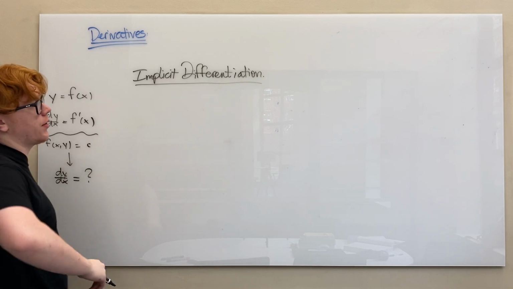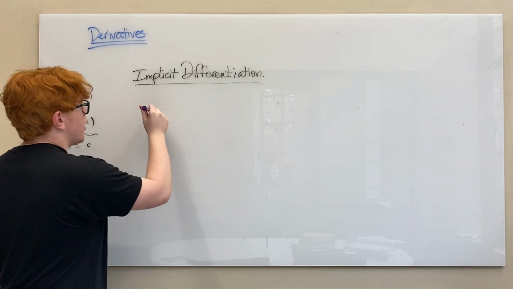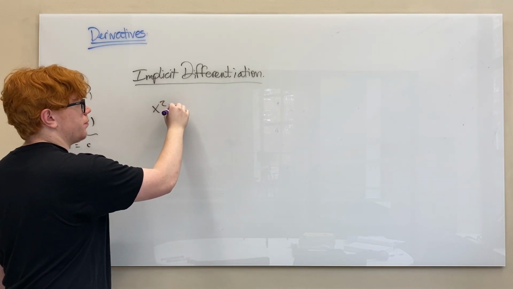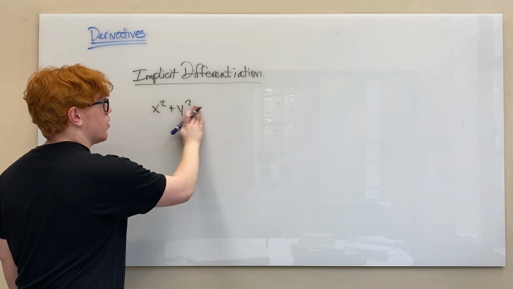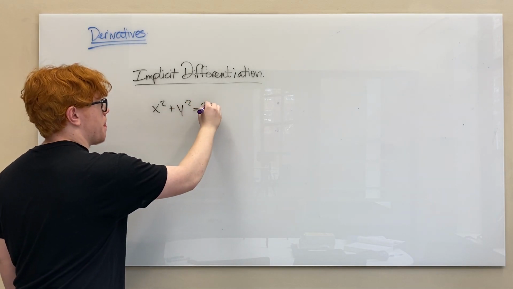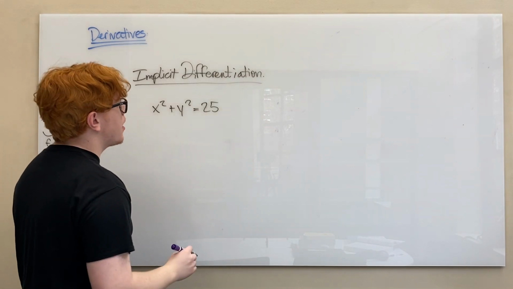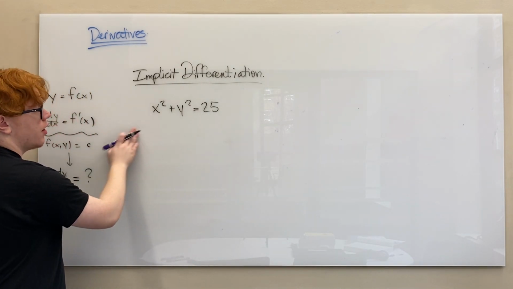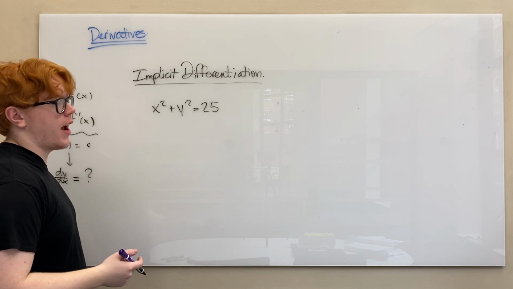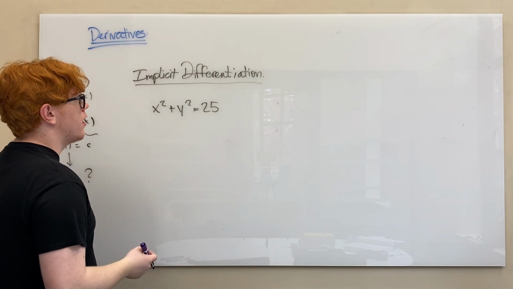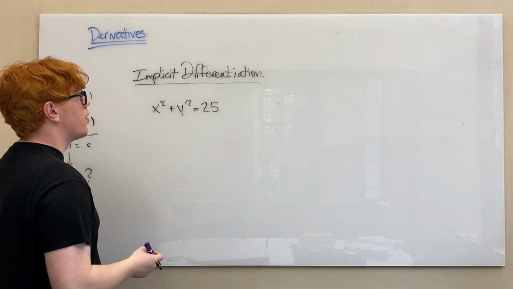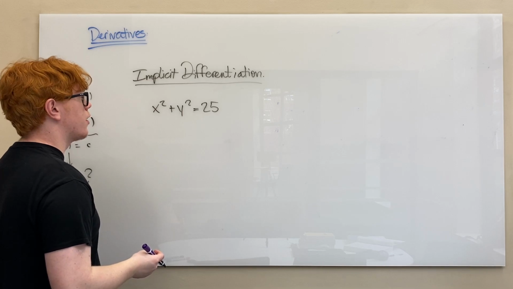So a good example of this that I'll work through here is the equation of a circle. This would have radius 5, right? And let's say we want to know the slope of this circle at the point 3, 4. Make sure that's a point on there. Yep.